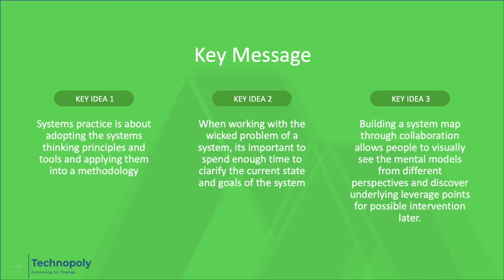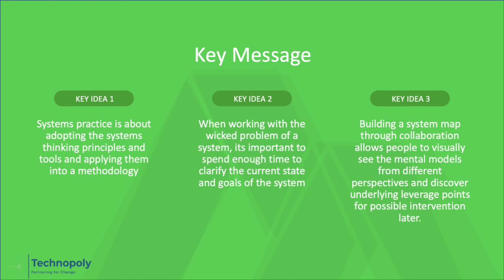Final messages for this lesson. Systems practice is about adopting the systems thinking principles and tools and applying them in a methodology. When we work with wicked problems of a system, it's important to spend time to clarify the current state and the goal of the system.